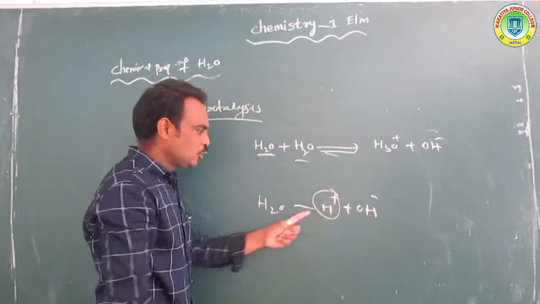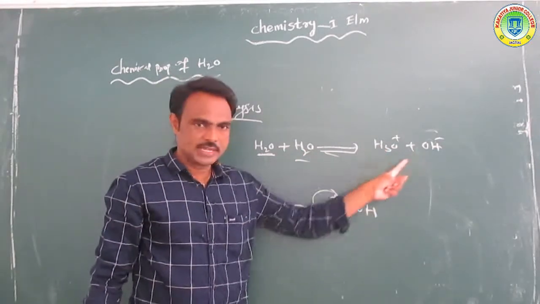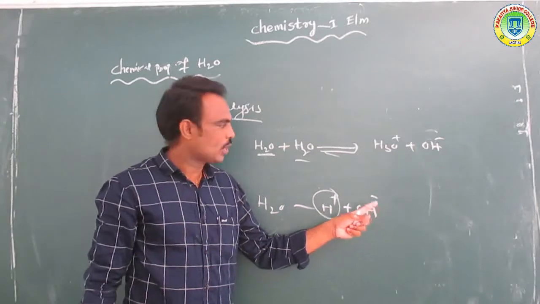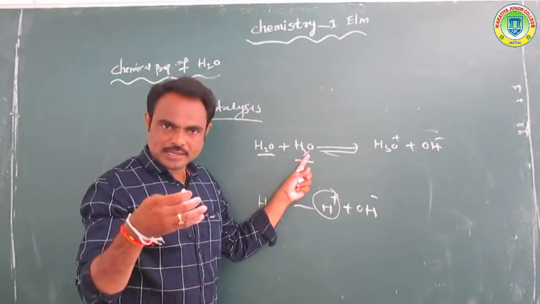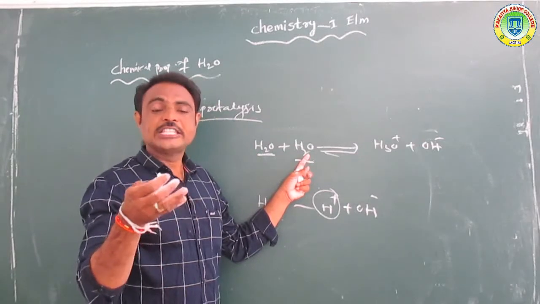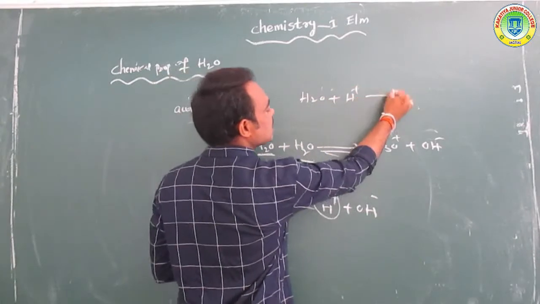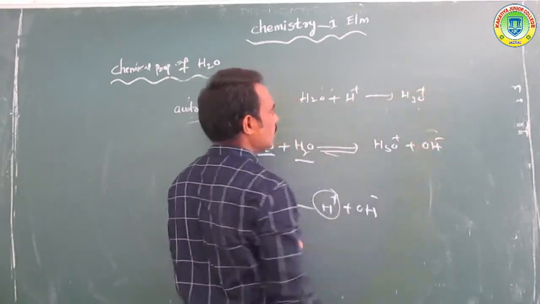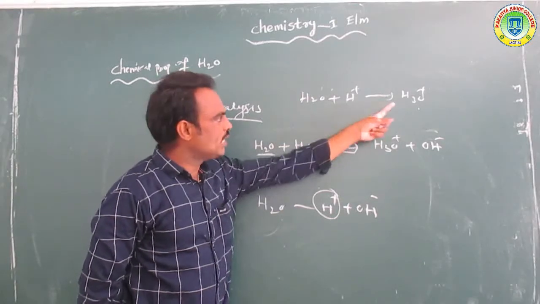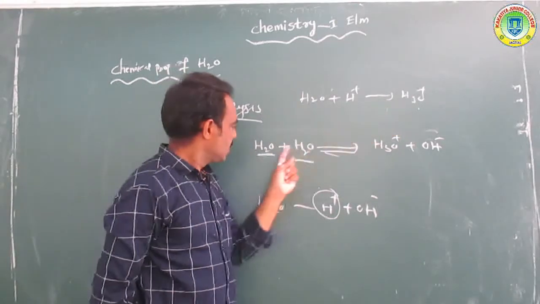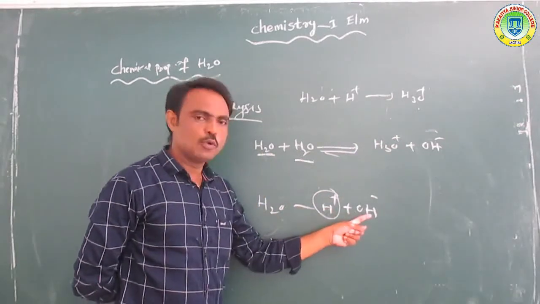This H plus is donated to another H2O, which is converted to H3O plus, but the remaining part is OH minus. So this H2O accepts one proton and is converted to H3O plus, and this H2O donates one proton and is converted to OH minus.